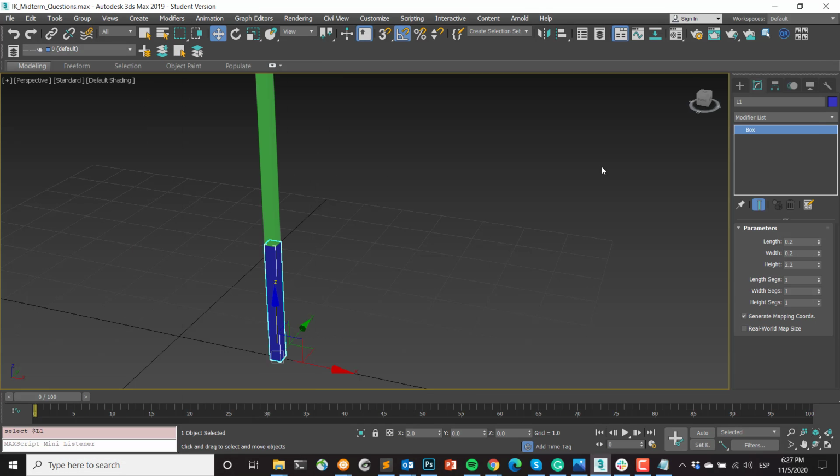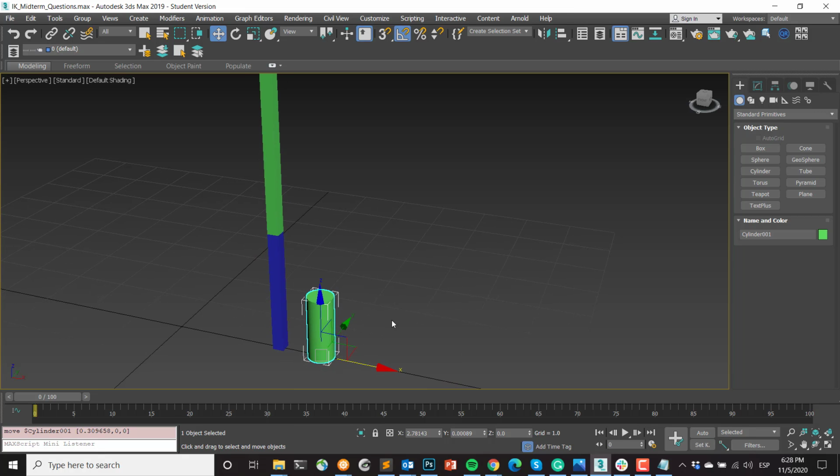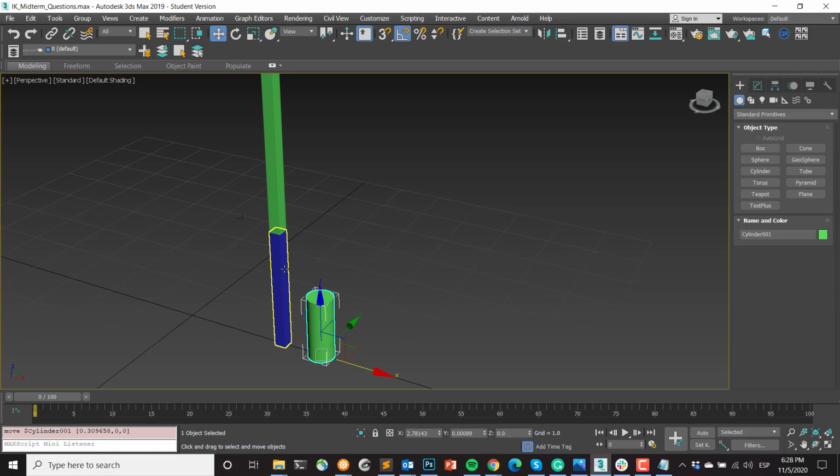So I will very quickly make some cylinders that will represent the local axes of L1, right? I want you to observe how these things are rotating.